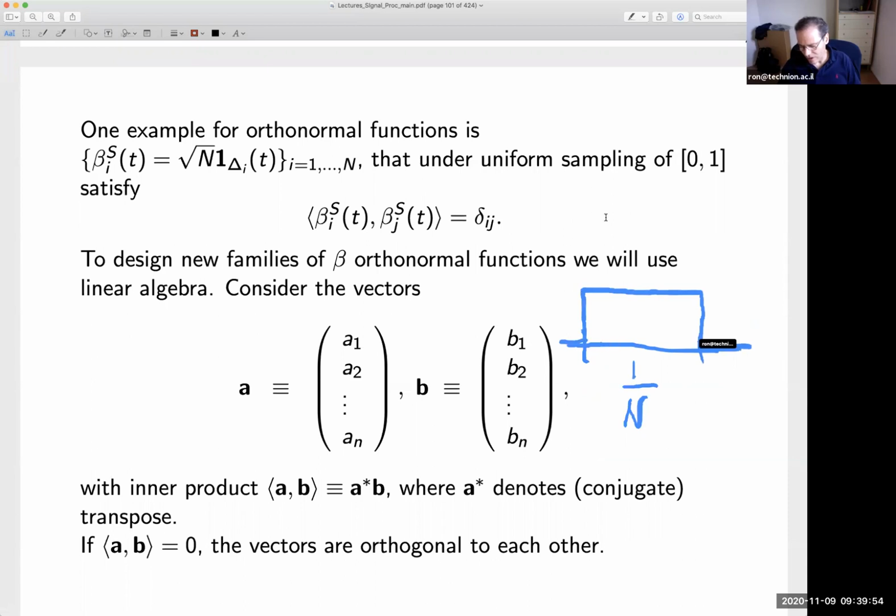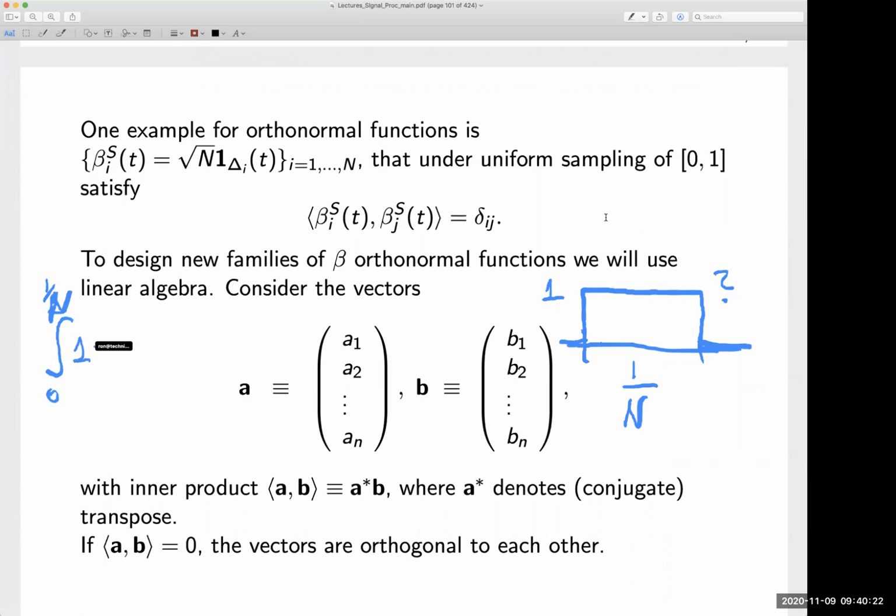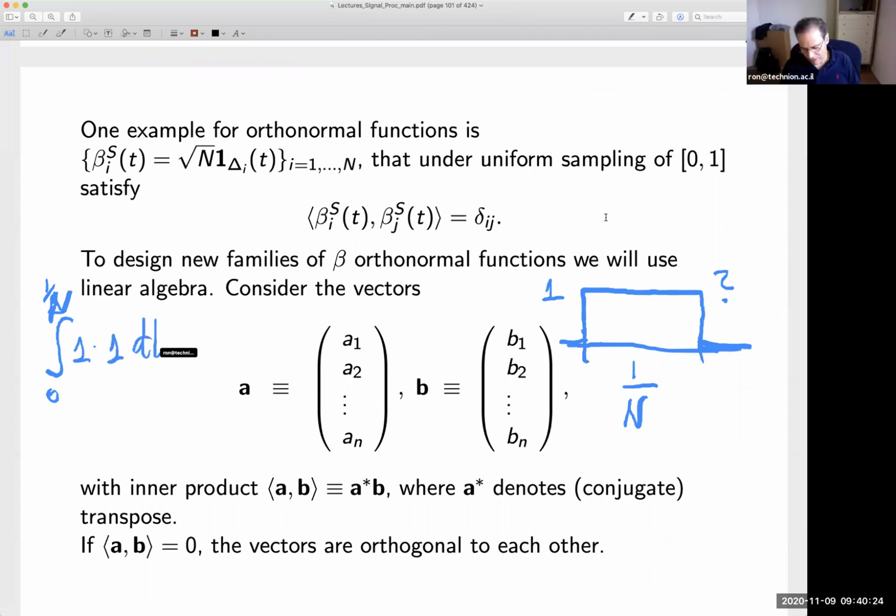This is my function, and I have this unknown number that I have to define here. The question is, what should be this unknown number? Let's pick, without loss of generality, let's pick it to be 1. Now let's see what would be the integral, the inner product of this function with itself. The support would be just between 0 and 1 over n. You agree with me? So it would be 1 over n here, and there would be 1 times 1 dt. So the result would be 1 over n.